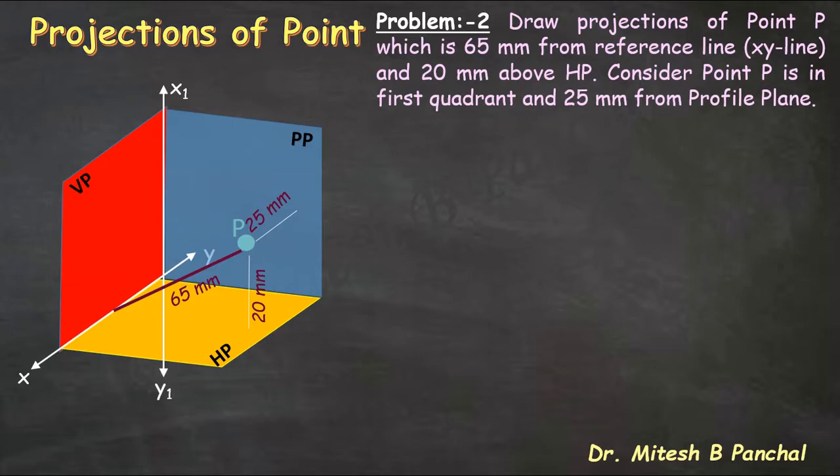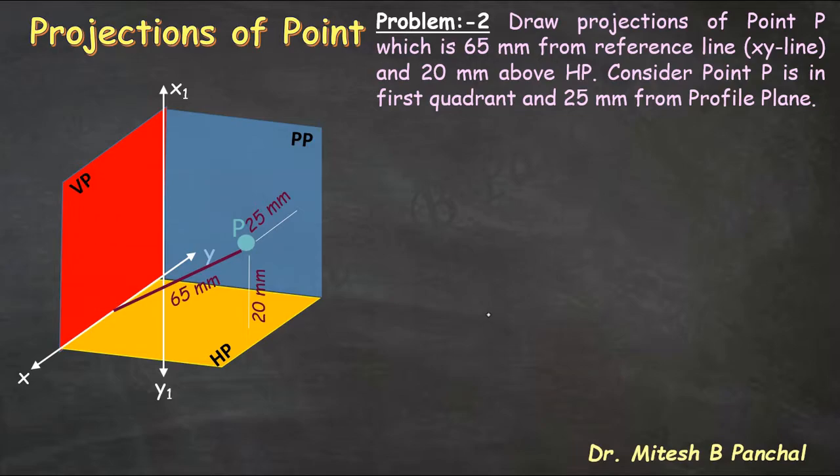Here, if you look at this figure, the demonstration of the problem is given: point P is 65 mm from reference line, that is XY line, 20 mm above HP and 25 mm from profile plane.